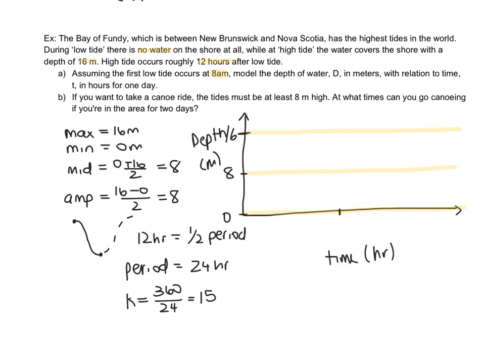So I will put 24 here and 48 here. And on my scale, I know I'm going to need more markings because I know that the first low tide occurs at 8 a.m. So I do need to divide this a little better to have more accuracy. So I am just going to go up by 4s.